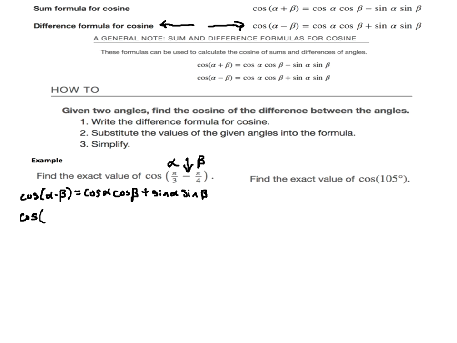So the cosine of pi over 3 minus pi over 4 is the same thing as the cosine of pi over 3 times the cosine of pi over 4 plus the sine of pi over 3 times the sine of pi over 4.